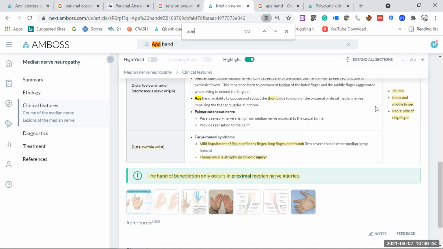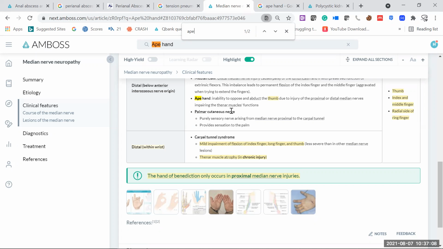There can be any reason where the median nerve gets damaged, maybe trauma, maybe a motor vehicle accident, maybe some incidental trauma, anything can happen. Maybe there is only compression of the nerve. Because of any reason, if the distal median nerve is damaged or its supply decreased, it can impair the thenar muscles' function.